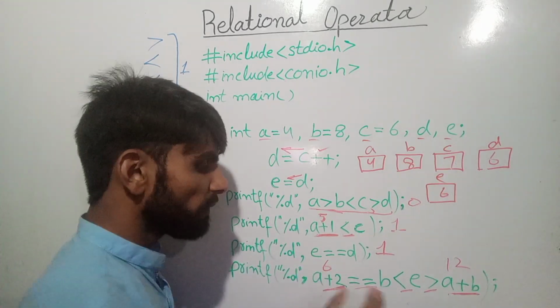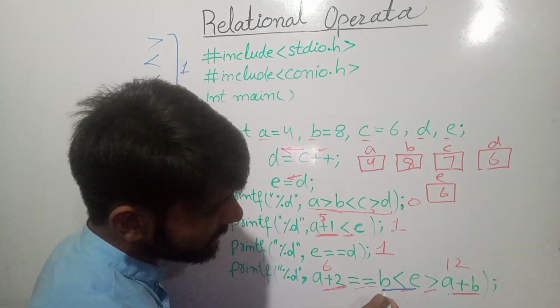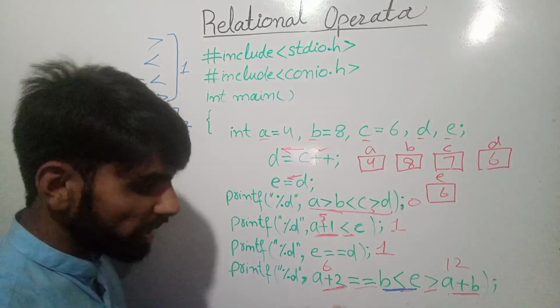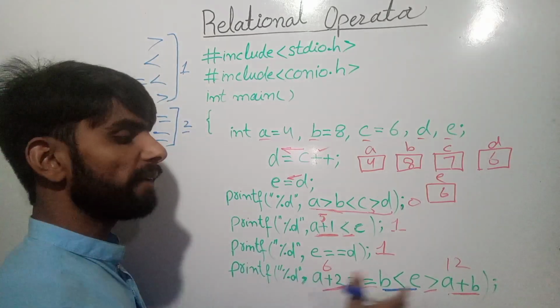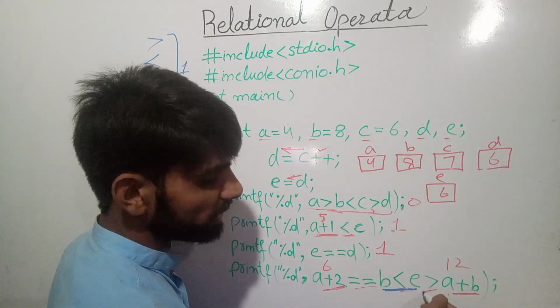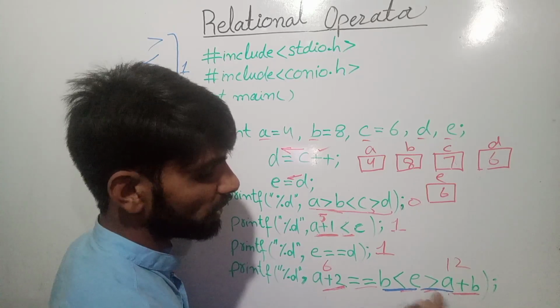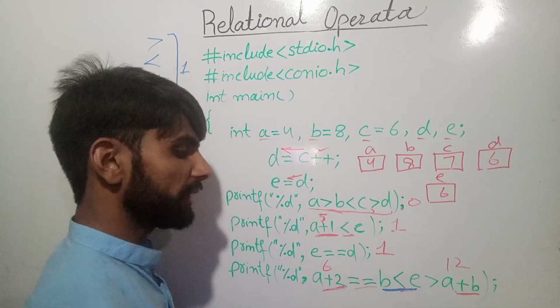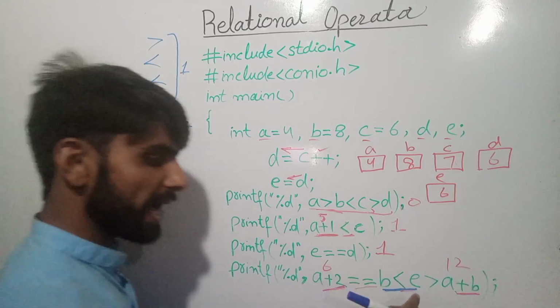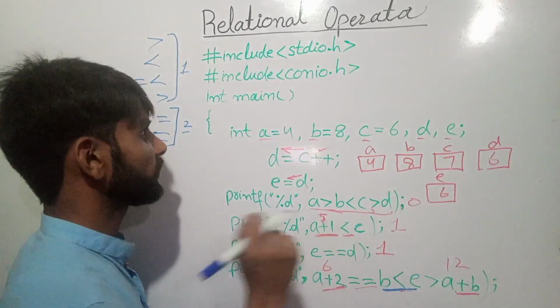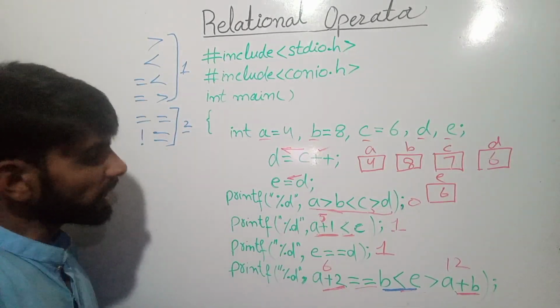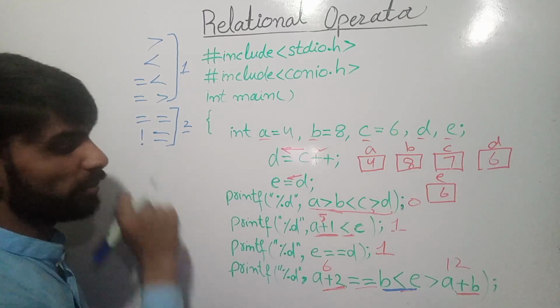Because associativity is left to right, the higher priority ones are performed first, and after that the equal operator.